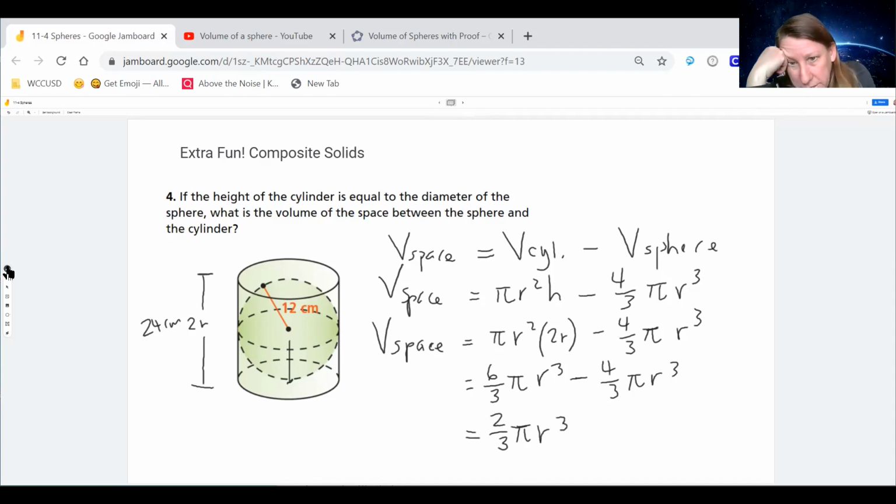I feel like I'm making a mistake somewhere. I'm not really sure where it is. Isn't it 1/3 that should be left? I thought it was 1/3 that should be left. Where's my mistake, you guys? 4/3 pi r cubed, pi r squared h minus 4/3 pi r cubed.